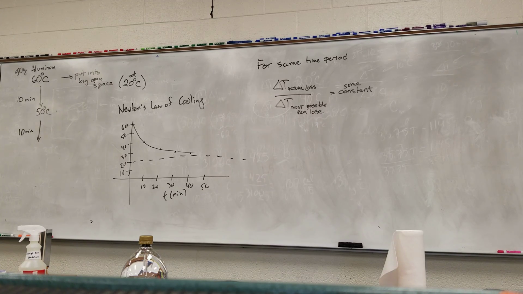So that's the fraction there. So now it's this temperature. The most it could lose is the difference between those two numbers. So it's something like 30. So that's the constant.